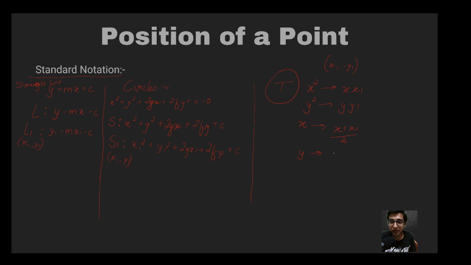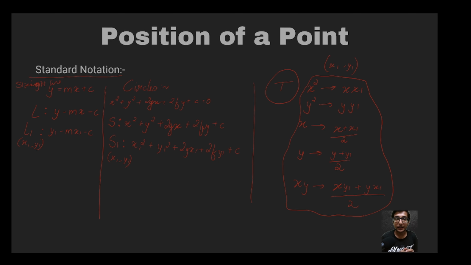Y turns into y plus y1 by 2. And xy turns into x y1 plus y x1 by 2. So again, these are important notations that you need to remember. This is for T.